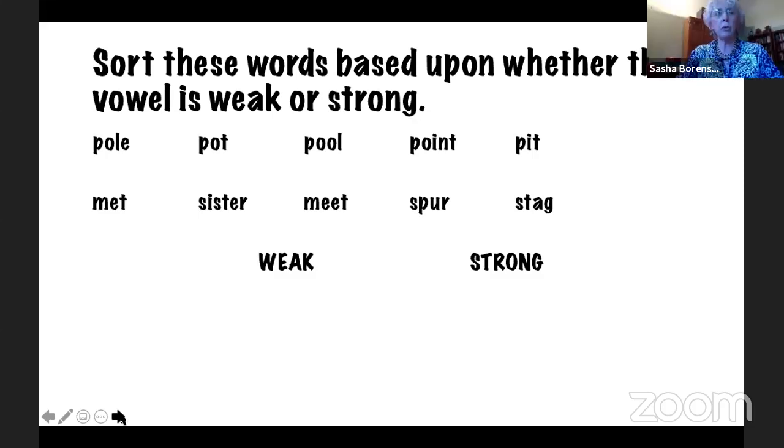And when you've got it, just put your thumb up so I know. And also, if you could then, after you sorted, write a definition of what a weak vowel is and a strong vowel, please. So who's willing to define what a weak vowel is, please?